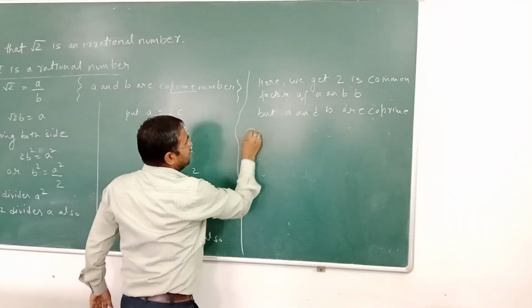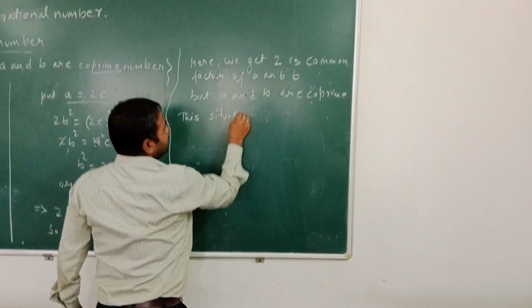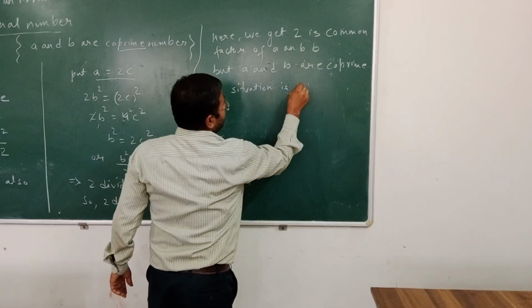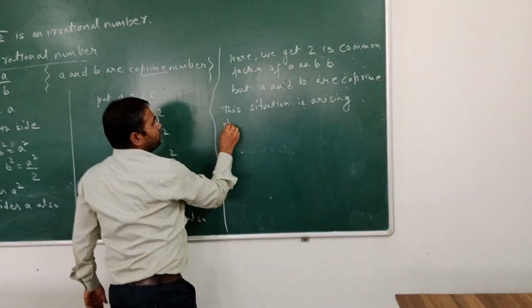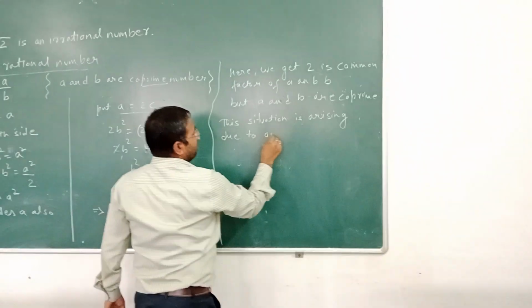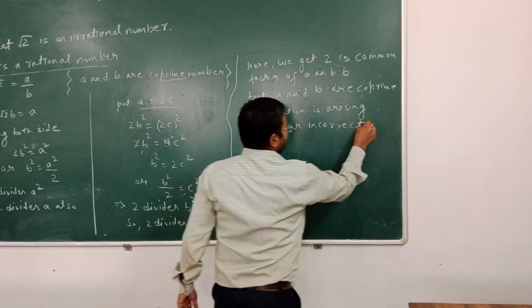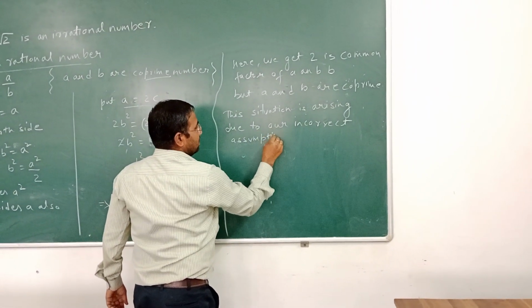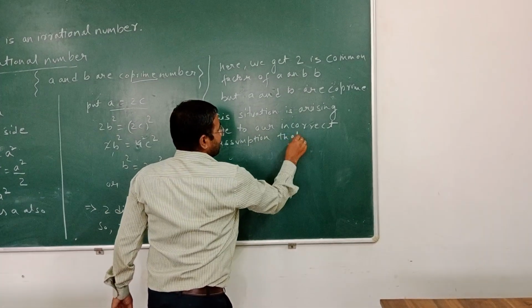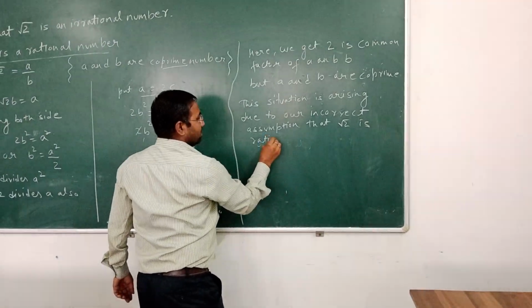Okay. So here we will write down: this situation is arising due to our incorrect assumption that root 2 is a rational number.